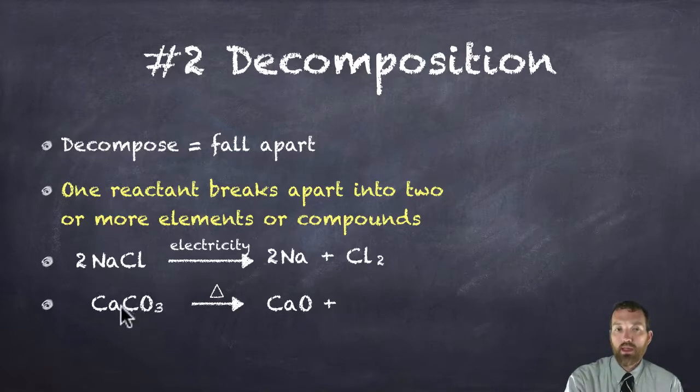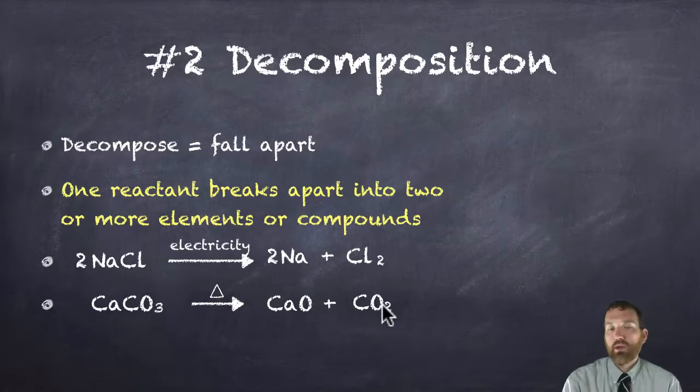I had this C, that wasn't in my product, and I have 2 O's, so I just write down 1 C and 2 O's, carbon dioxide. So this equation, let's check to see if it's balanced. I have 1 Ca on the left, 1 Ca on the right, 1 C on the left, 1 C on the right, 3 O's on the left, 1 plus these 2 is 3 O's on the right, so that's balanced.